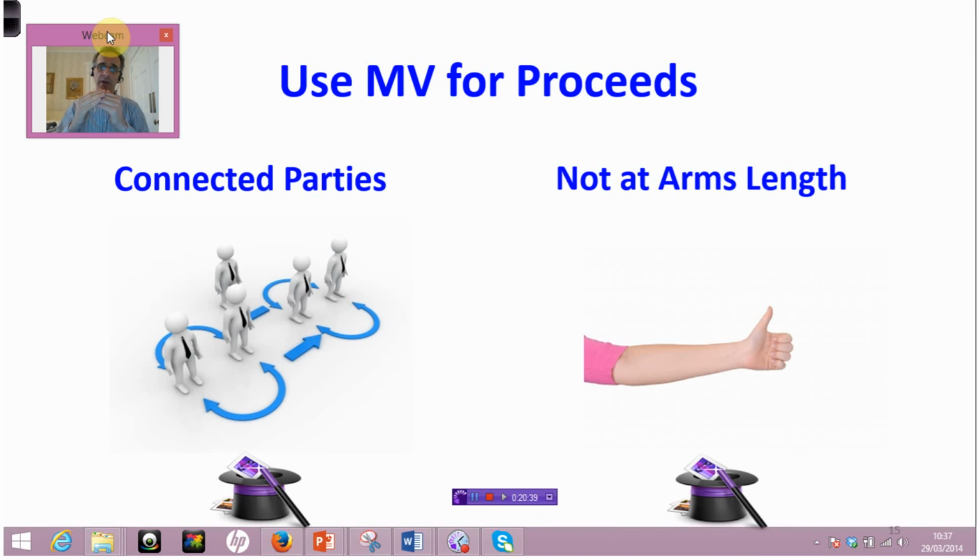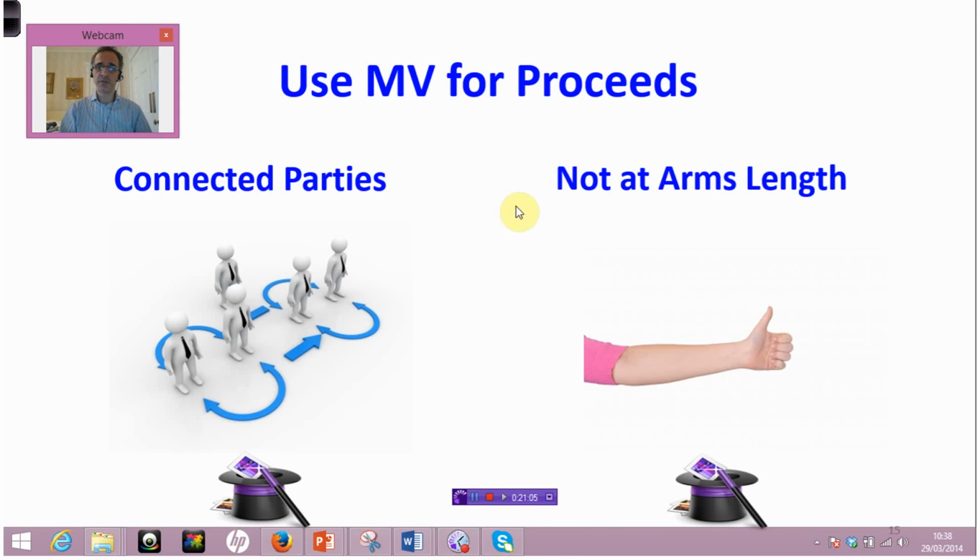Because if you think about it, if we have a transaction where the proceeds are in some way depressed, then the gain must be depressed. And the revenue are looking at the transaction saying, well, the gain's depressed, therefore our tax is depressed. We don't like that. We want you to substitute whatever proceeds you used for MV, okay? Which will mean that the gain will be increased, therefore tax will be increased.